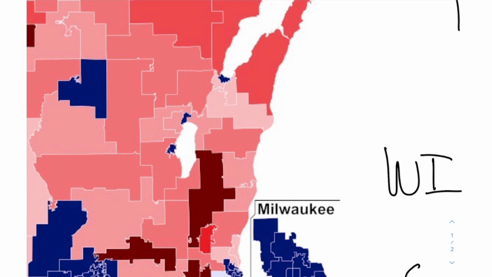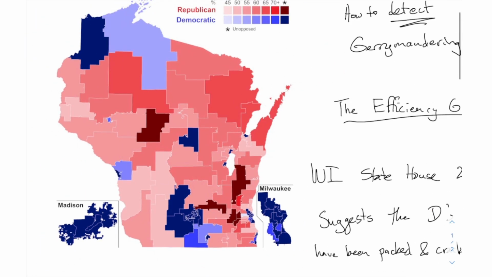If you think about it, you need 50% in order to win one of these districts. They're basically allowing the Democrats to take 100% here and giving them less than 50% in all the neighboring districts. Whereas, rather than taking that 100%, they could have taken some of those and distributed them around here to win more. But they packed them in there so that they would waste those votes. This is the basic idea behind the efficiency gap.